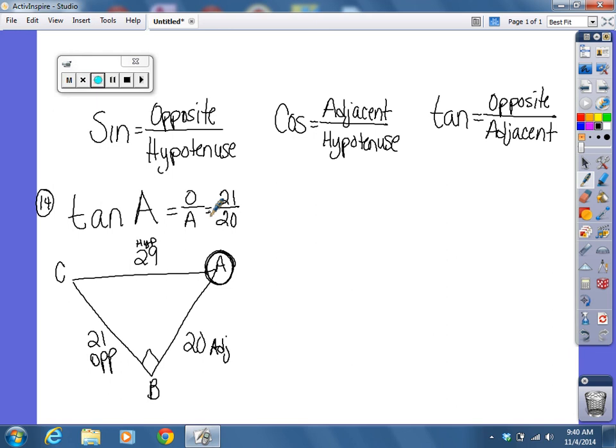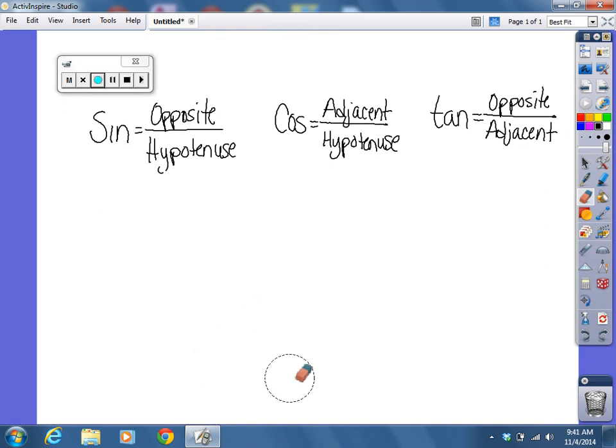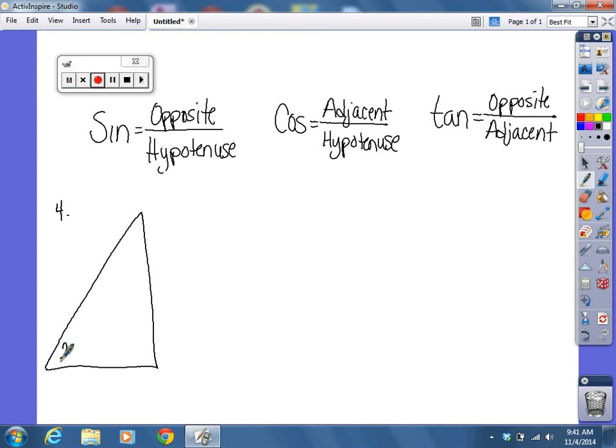Now one of the more important concepts is how to find a missing side. When we talk about missing sides, you're usually given two sides and an angle, and you have to decide. So I'm going to do number 4 off your other homework sheet. They give you that this angle is 25, this is 90, this side is 10, and you have x, and you're told to find the missing side.